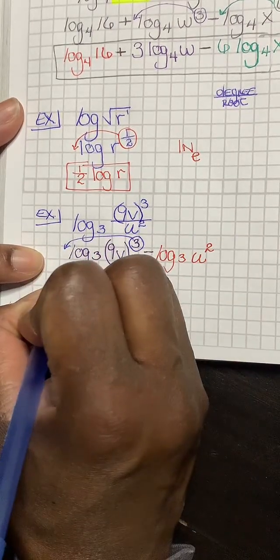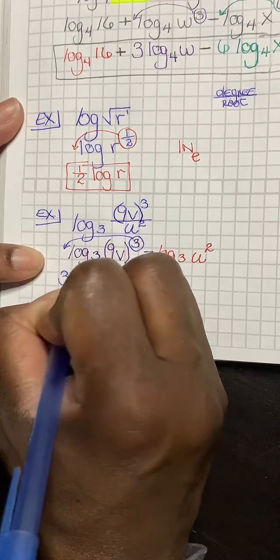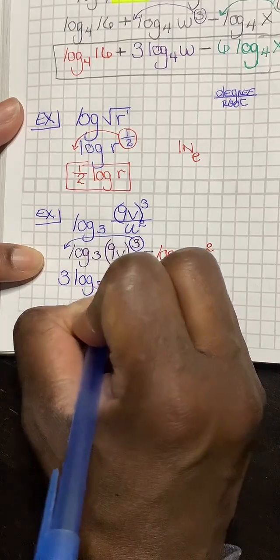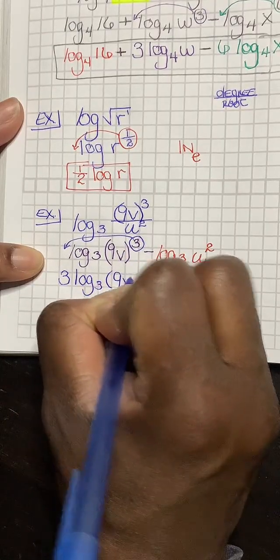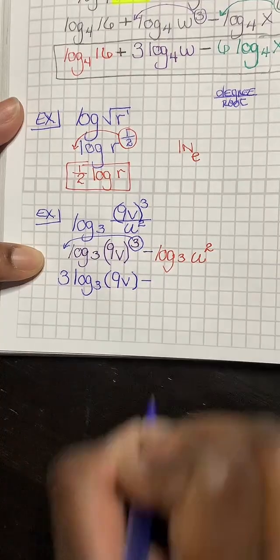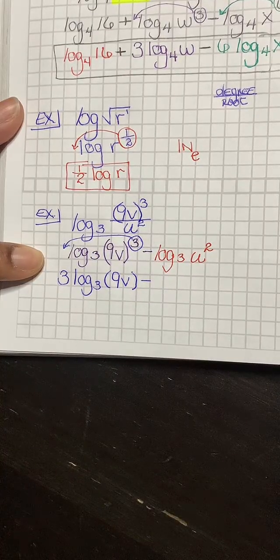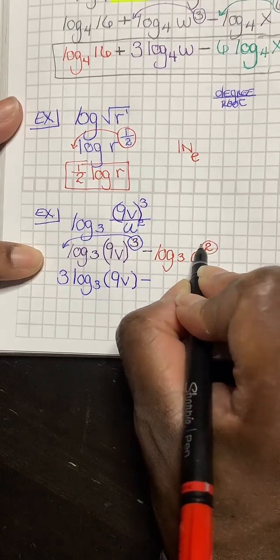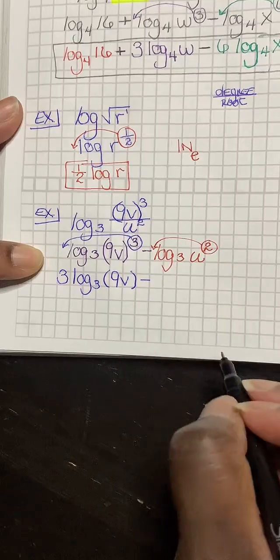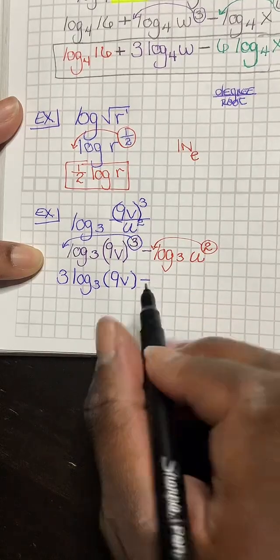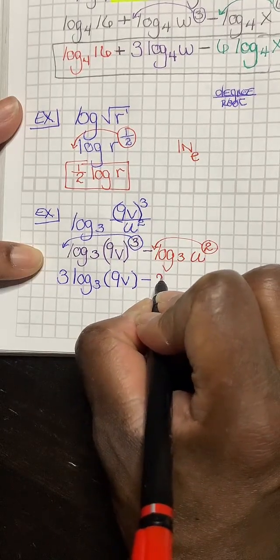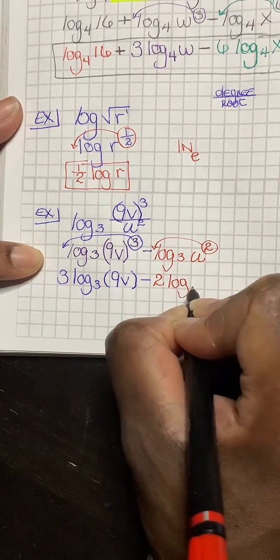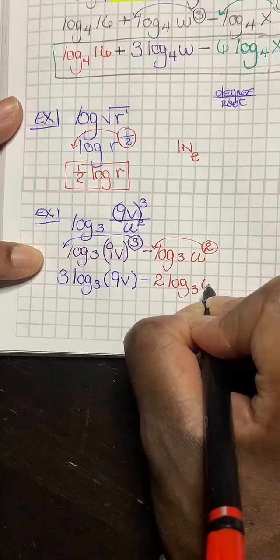Okay, so I have my 3 with my log base 3 of 9v minus, and I can do the same thing with this too. Do the Evelyn. Anytime I have an exponent, it jumps right over the table.